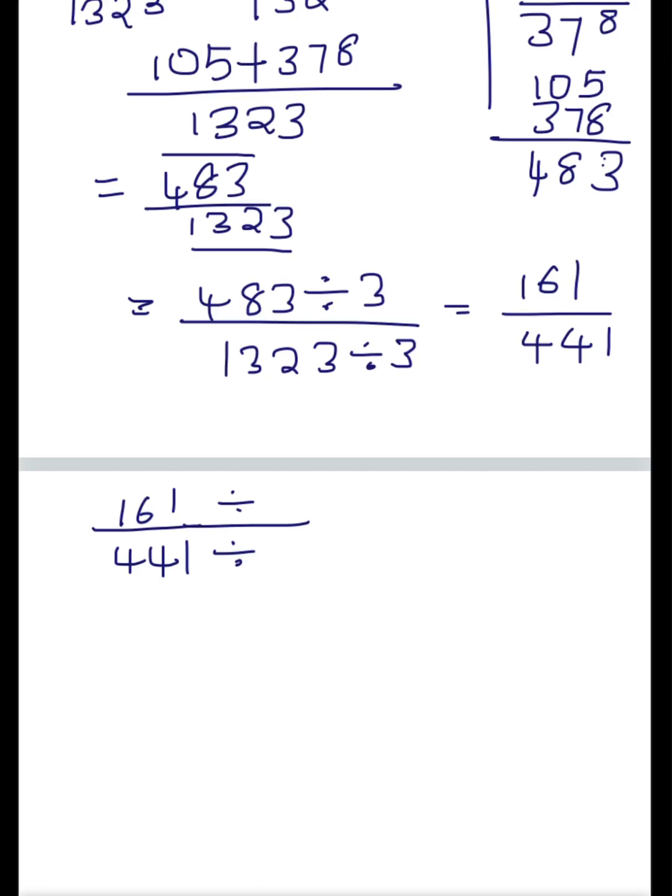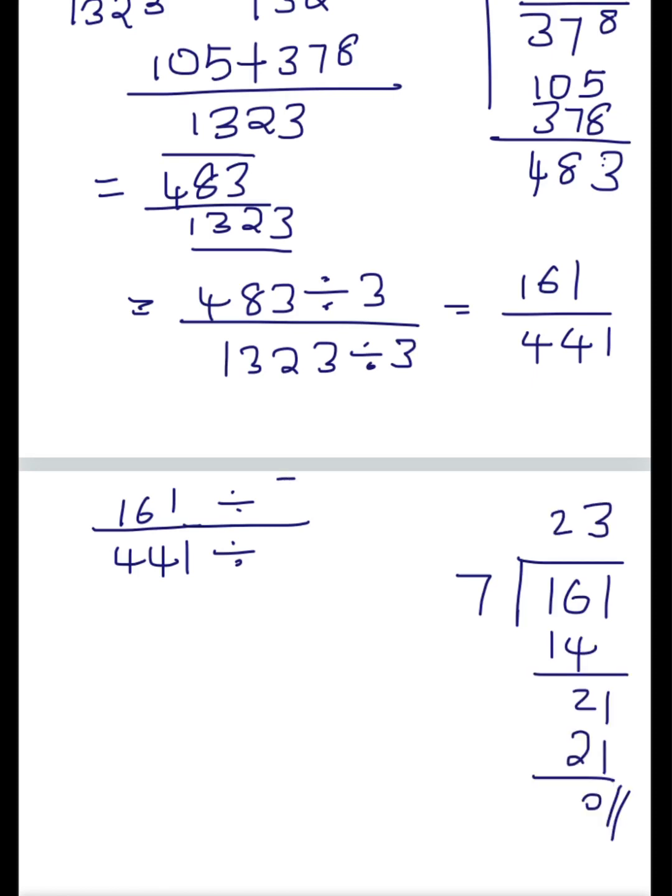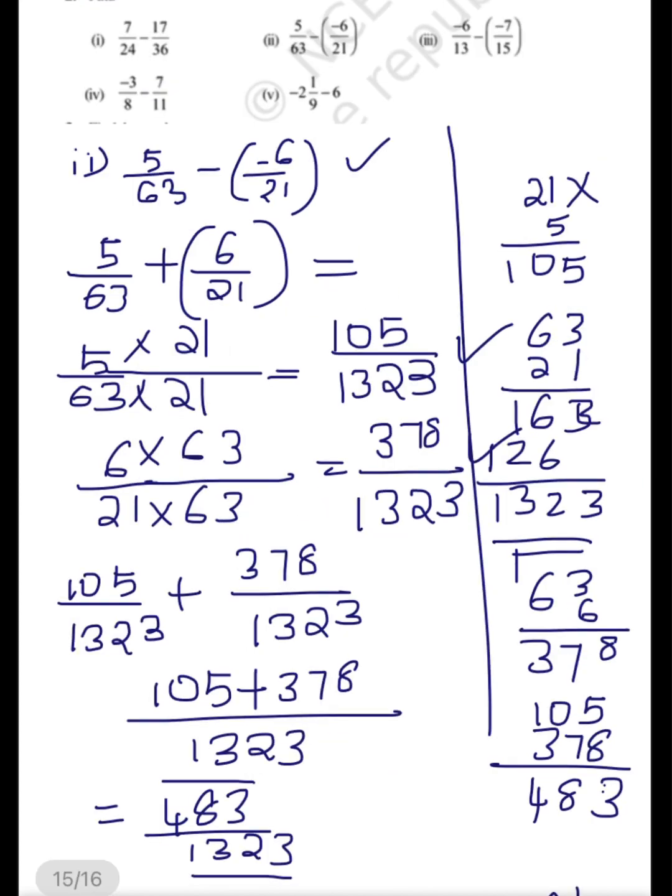You can see that 161 is divisible by 7. So when you divide 161 by 7, you will get the answer as 23. Similarly, 441 is also divisible by 7. When you divide it, you will get 63. So our answer will be 23 by 63. 23 by 63 will be the answer for the second question.